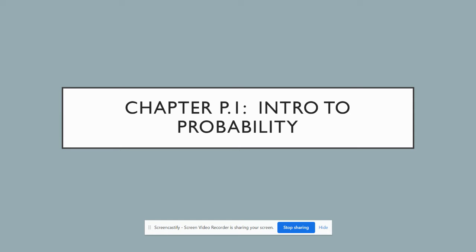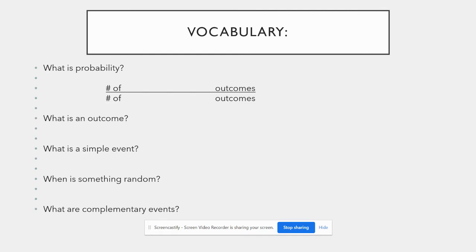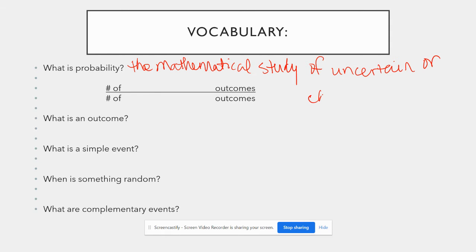Welcome back, everybody. We are going to start our probability unit with an introduction of some basic probability vocabulary. So probability is the mathematical study of uncertain or chance events.